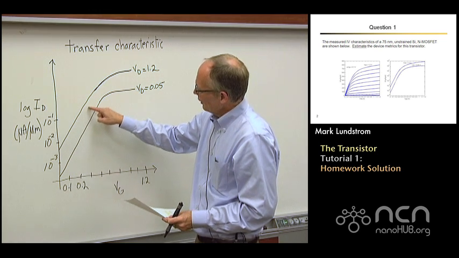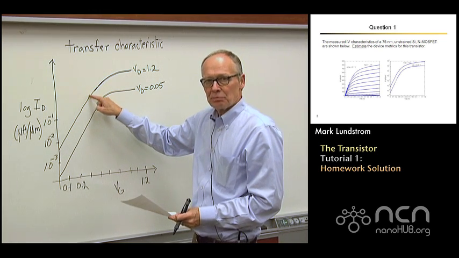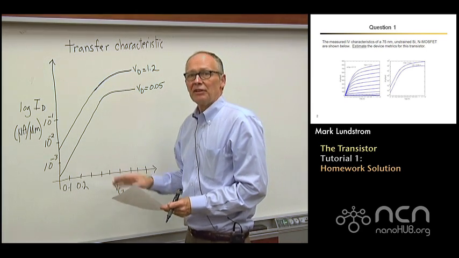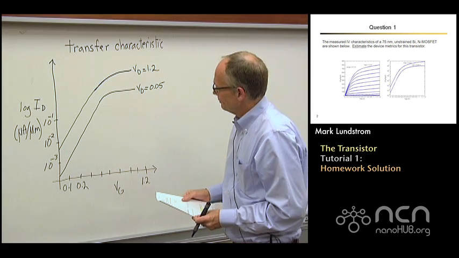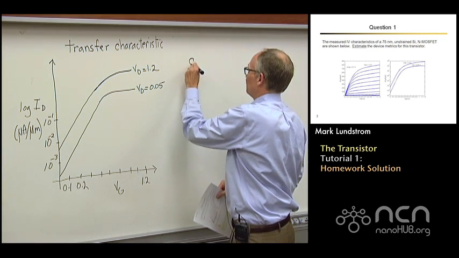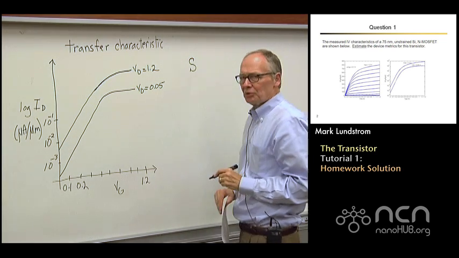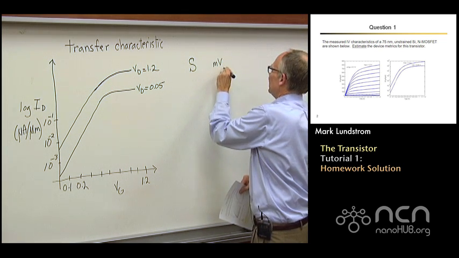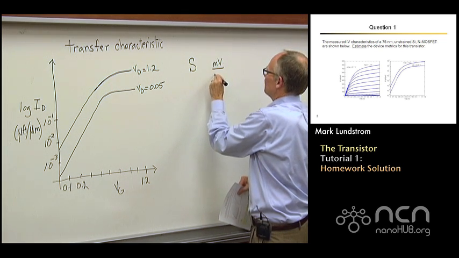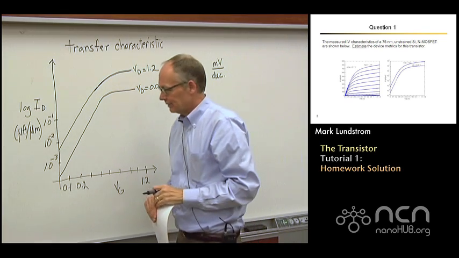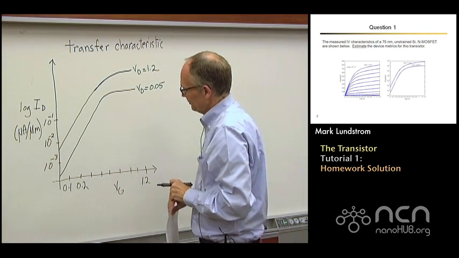The current goes exponentially with gate voltage below threshold, and then above threshold it starts to increase linearly with gate voltage. Now, one of the key parameters for a device is what we call the subthreshold swing. We measure it in millivolts of gate voltage per decade, or factor of 10 increase, in drain current.